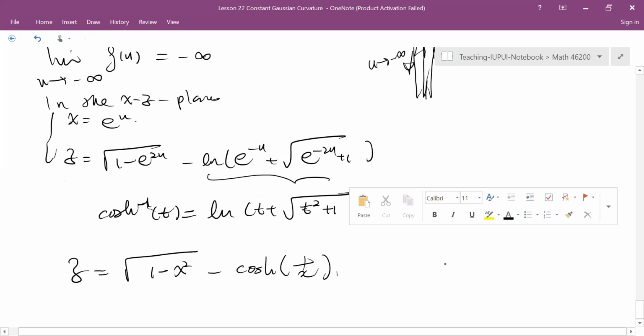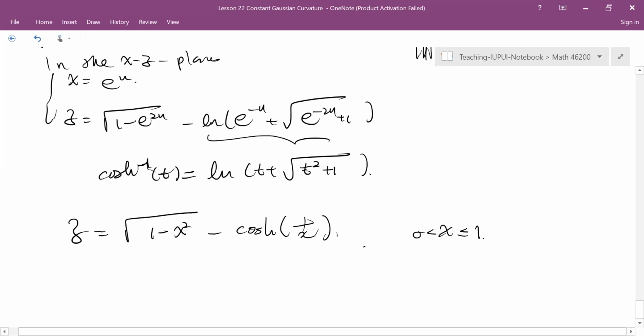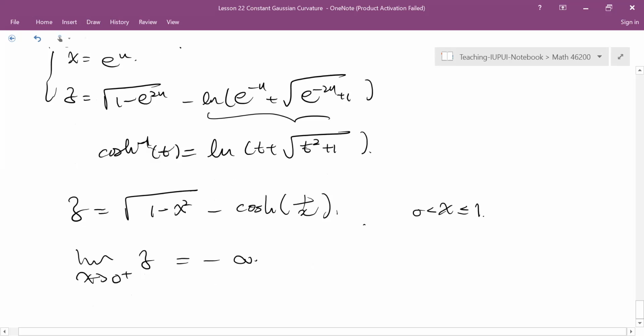So here, x is e to the u, so x is going to be between 0 and 1. Okay. And z is going to be, when x approaches 0 from the positive side, z approaches negative infinity. Okay.